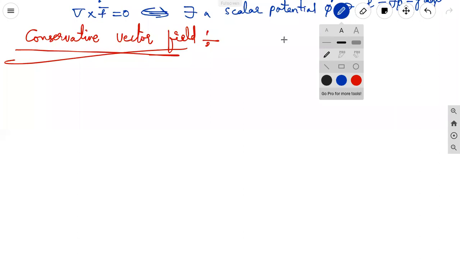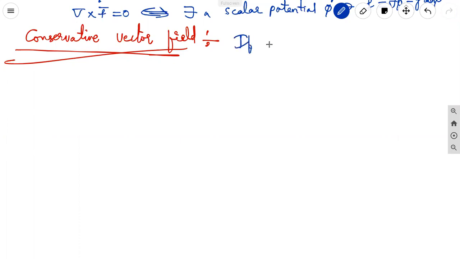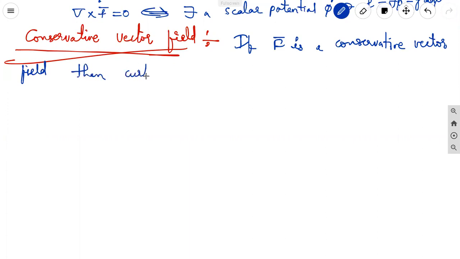It is also important. Conservative vector field: if f vector is a conservative vector field, then curl f vector is equal to 0.